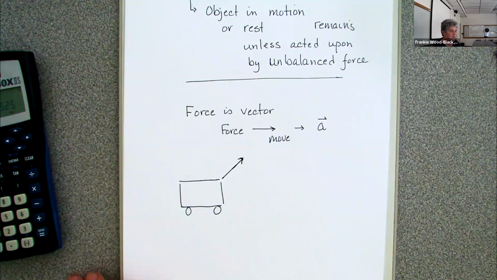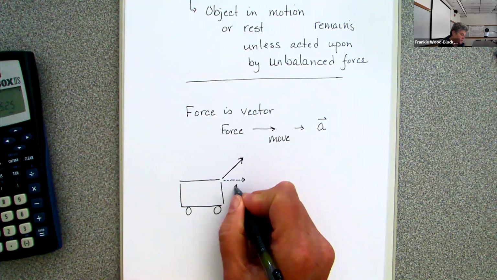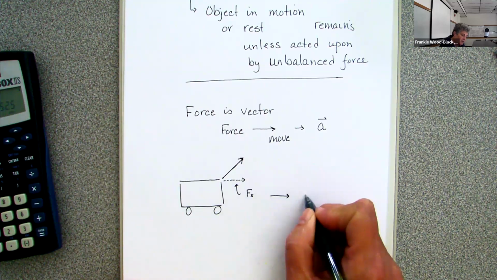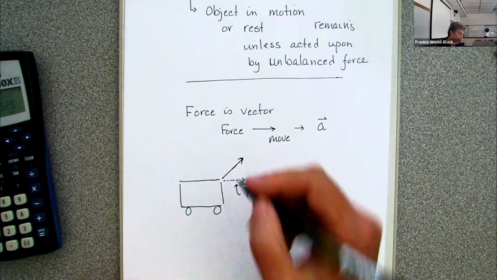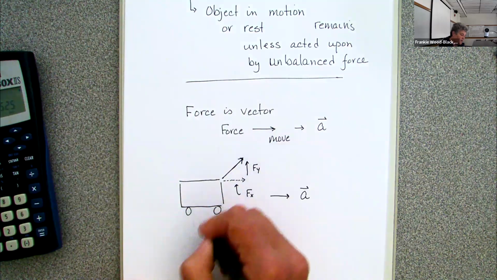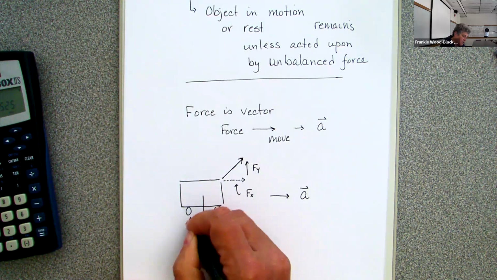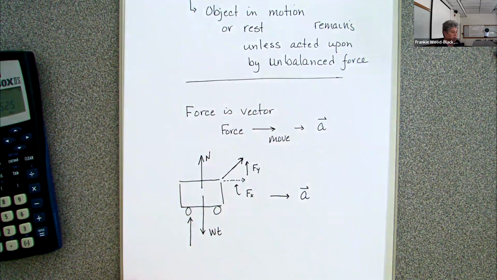And that caused us to do two things. We had the force in the X direction that was allowing my suitcase to accelerate in the X direction. And we had a force in the Y direction. Here was the weight of my suitcase. Here was the normal force being applied. And then I had a little bit of this Y force that was pulling up on my suitcase.